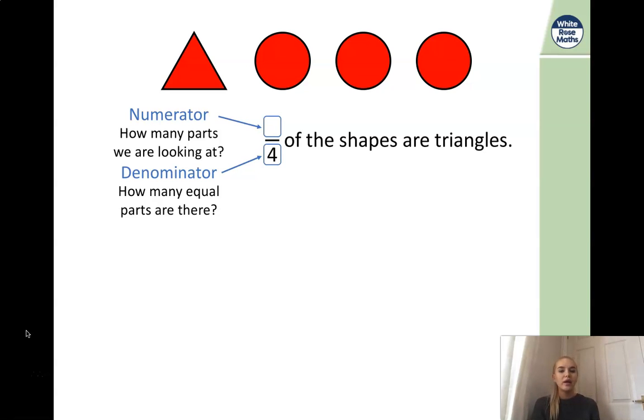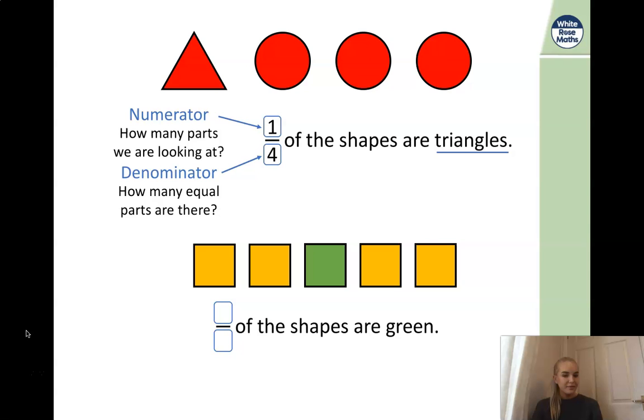Now we can see that we are looking for how many of the shapes are triangles. How many of the shapes are triangles here? Just 1. So here, my numerator is 1. So my denominator is how many equal parts there are. In this case, I have 4 shapes. And my numerator is how many parts we are looking at. So if I had 2 triangles, my numerator would be 2.